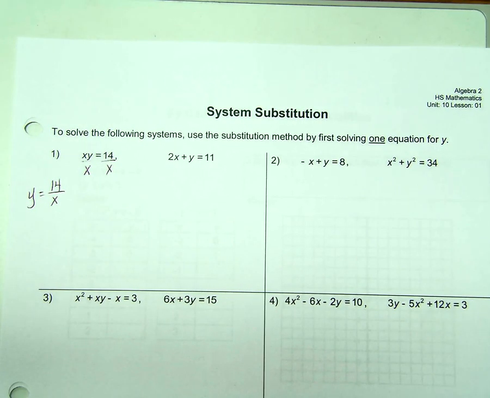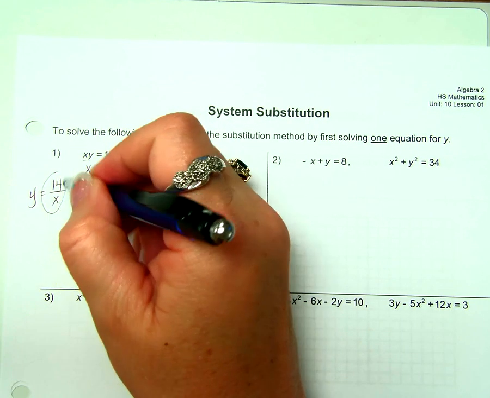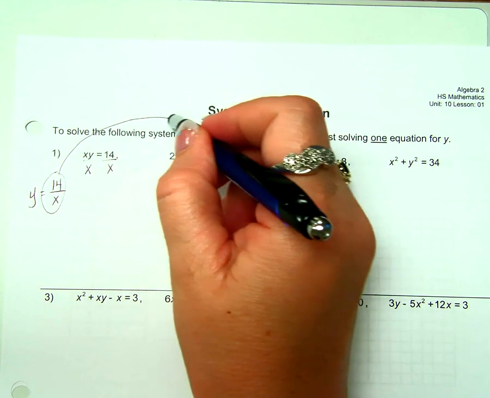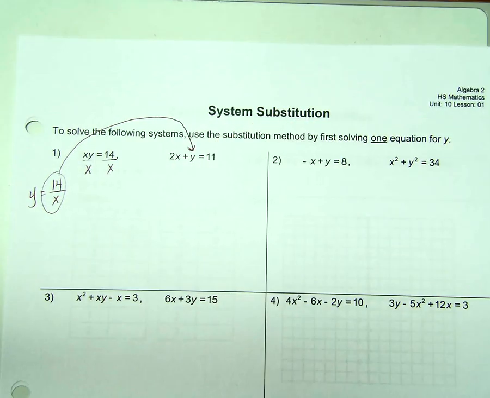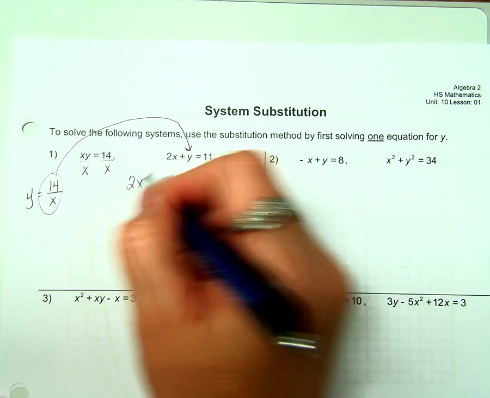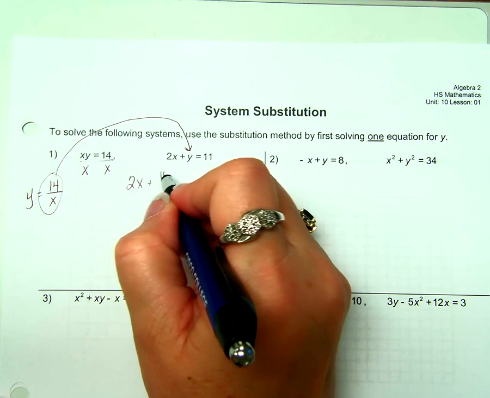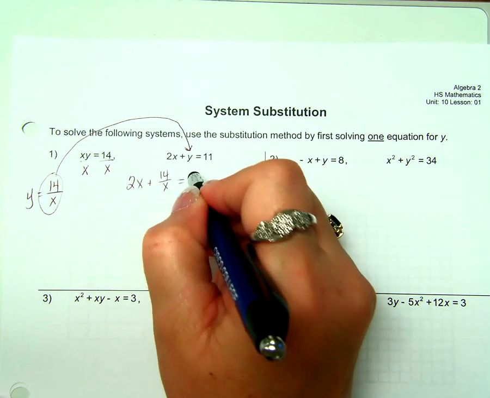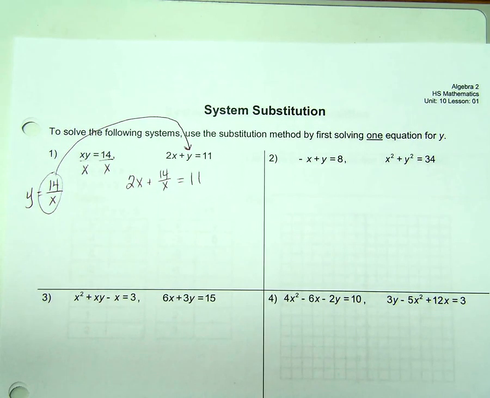Okay, what do I do with that now? I'm going to start with the other equation, but anytime there's a y, I'm not going to write a y, I'm going to write 14 over x, right? So 2x plus 14 over x equals 11. Okay, now what?